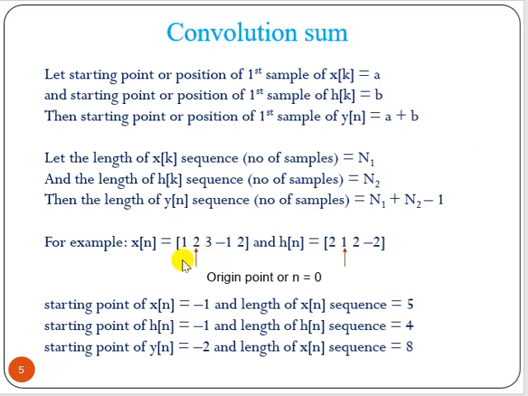For example, here the arrow is given as the location of origin for both cases, so for both x and h the starting point is minus 1. Then the starting point of output yn should be minus 1 plus minus 1, so minus 2. The length of xn is 5 samples and h is 4, so the length of yn should be 5 plus 4 minus 1, which is equal to 8.